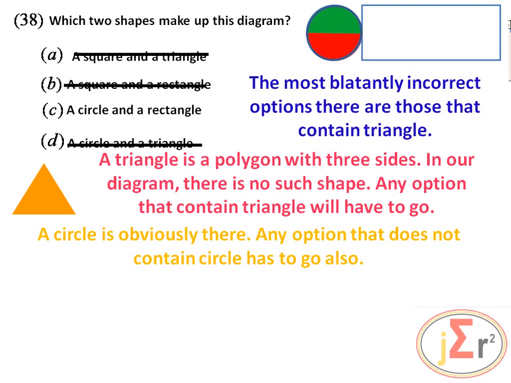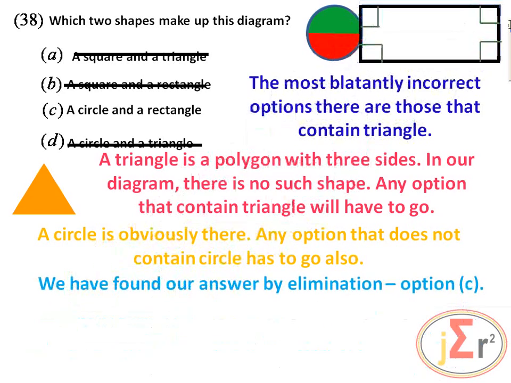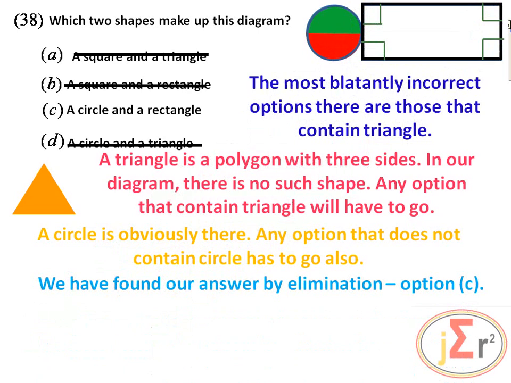So we have eliminated the options that are sure to be incorrect. So what we have left has to be the correct answer. And the correct answer, as stated by Jerry Lewis earlier on, is option C, that contains a circle and a rectangle.